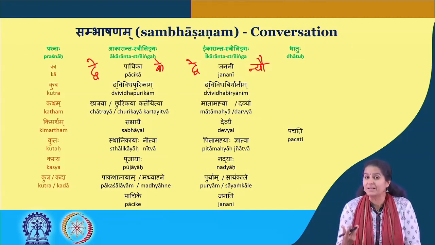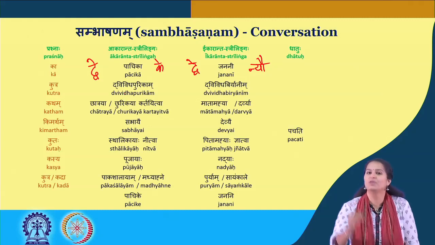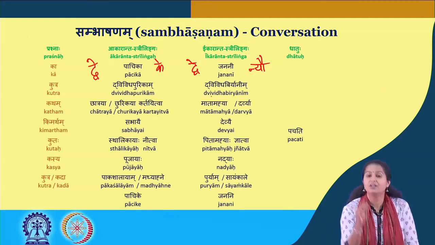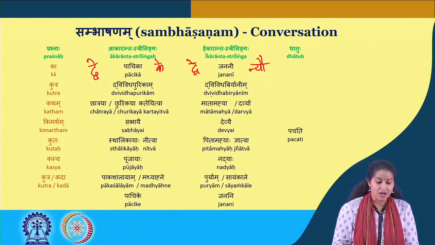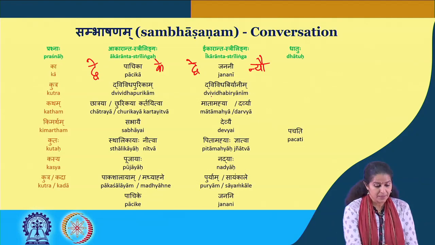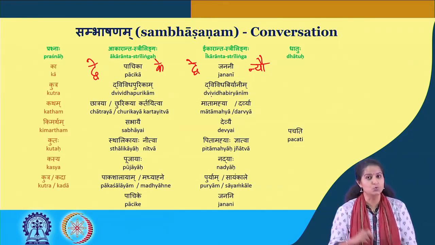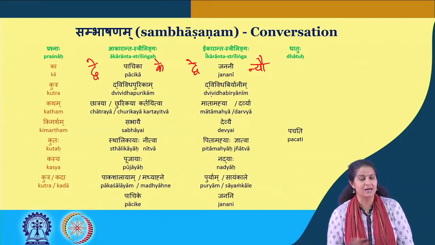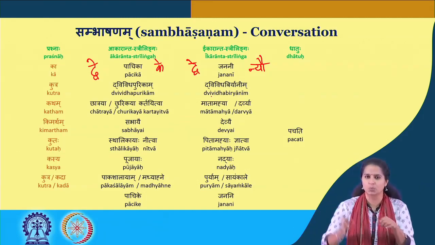Kutra kim pachatah? Dvividha, two kinds of puri. Ke pachatah, and for the other one, Dvividha biryanyau pachatah. Uttamam. Katham pachatah? Chhatraya becomes chhatrabhyam. So with two students, chhatrabhyam saha pachatah and churikabhyam kartayitva.